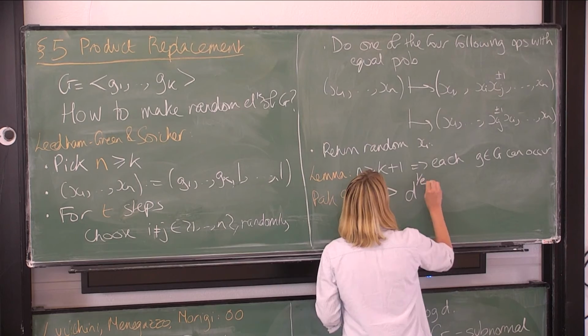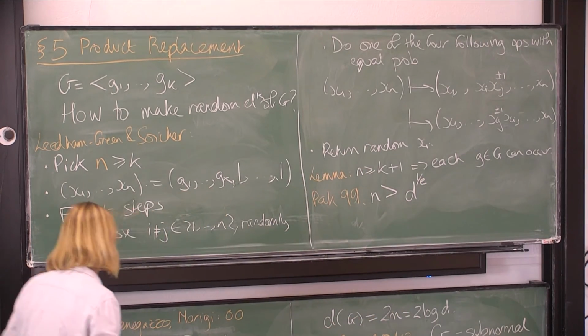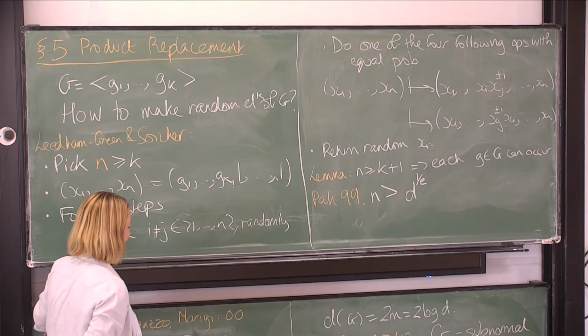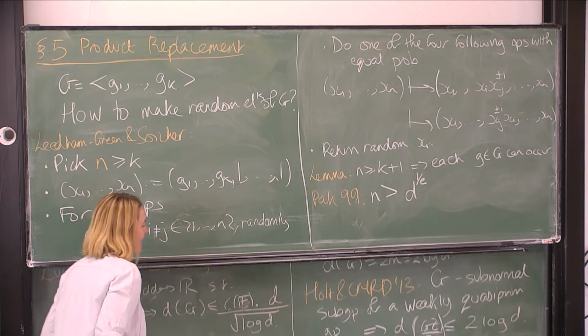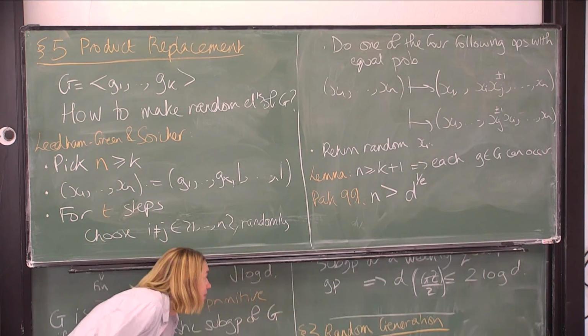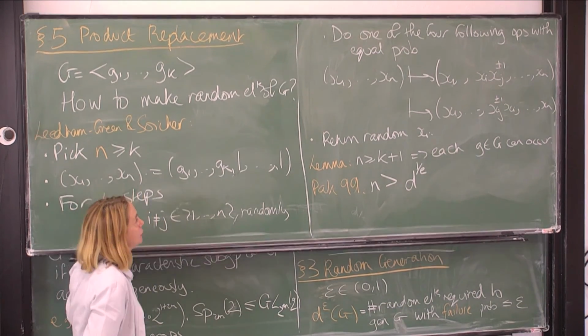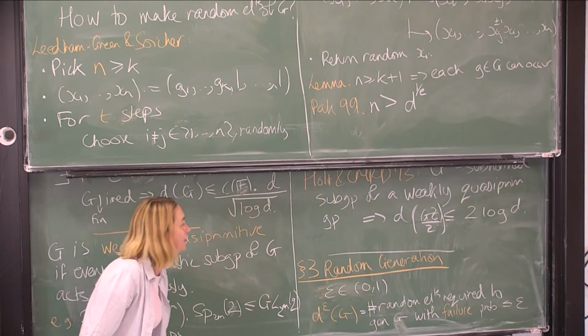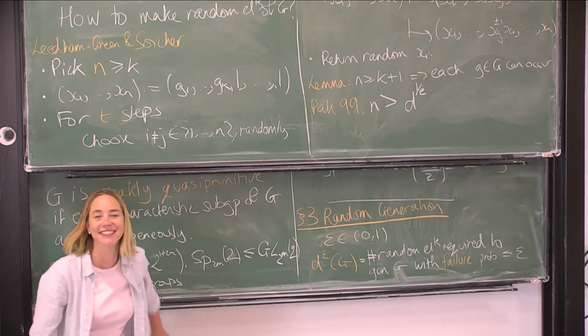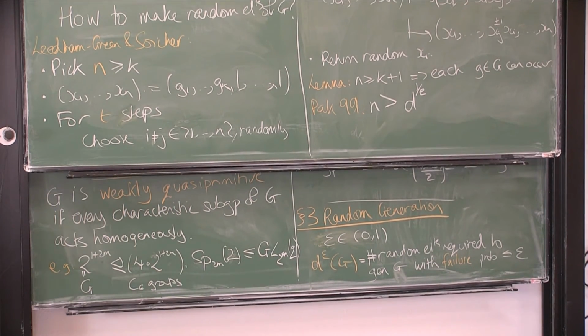d to the 1 over e, down there, E here is now the base of natural logarithms, which is not a number I use very often. I use it about as often as I use the Riemann-Zeta function. But E is the base of natural logarithms.